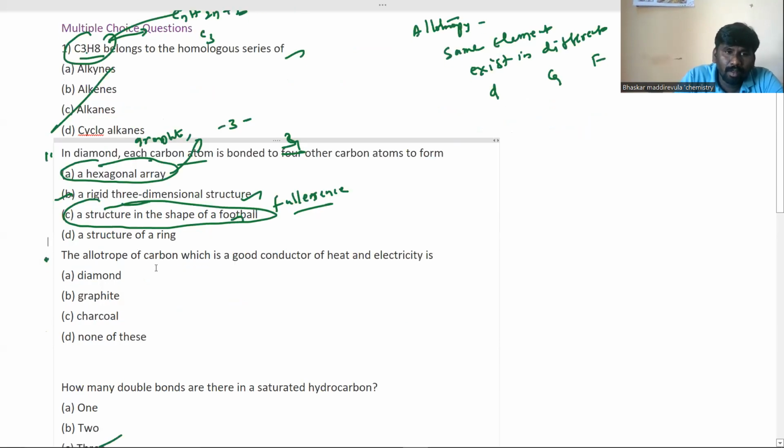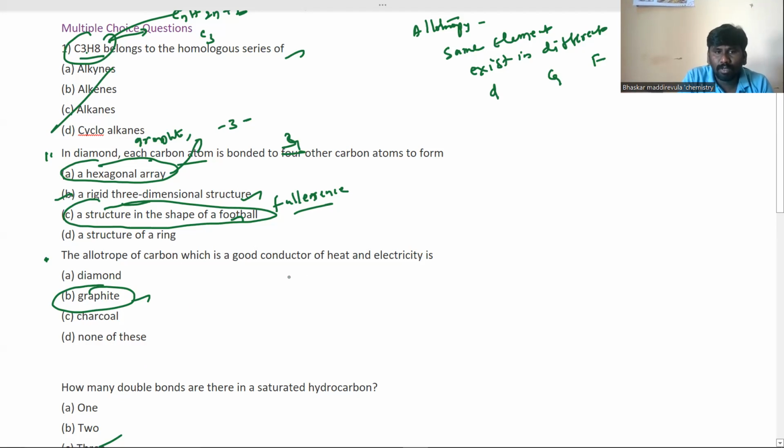The allotropic form of carbon which is a very good conductor of heat and electricity: that is graphite. Sometimes they may extend the question like this: what is the reason why graphite is a good conductor?